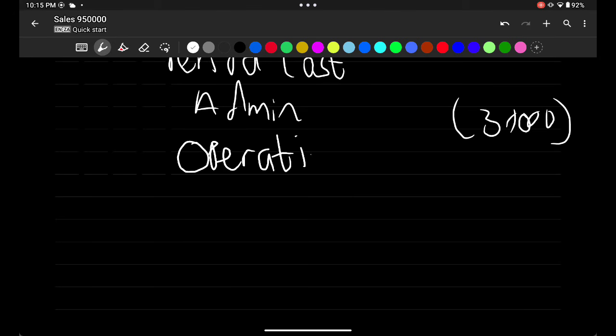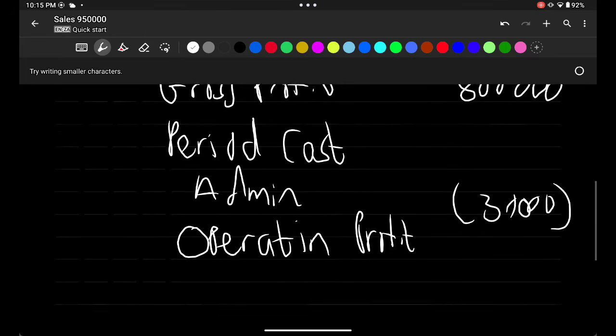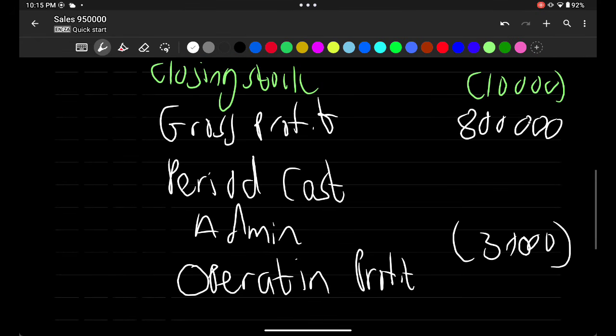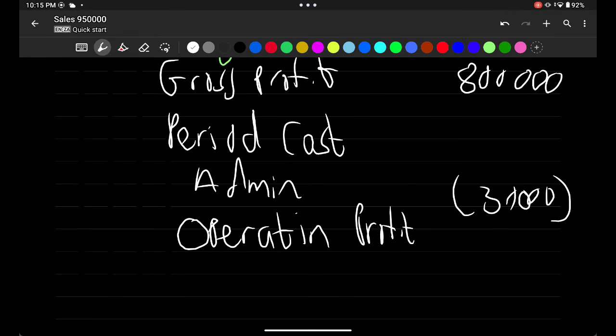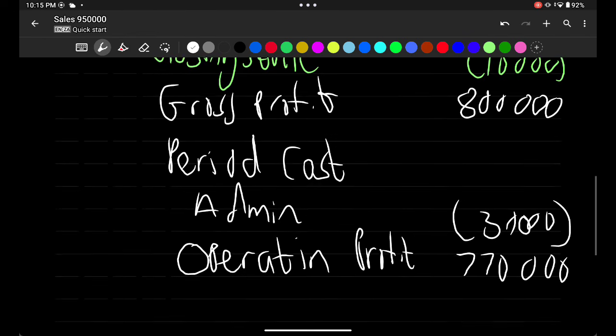To be honest, they won't mark you down, because you don't know if they gave you tax in this question. You don't know if the business has tax or not. So whether you do, it'll be the same. So gross profit minus this, it's 770,000, and there we go. Your operating profit.